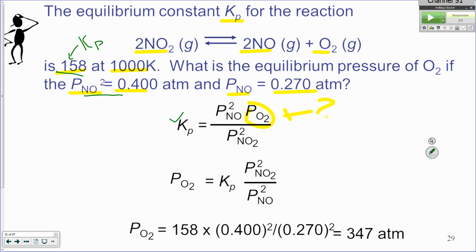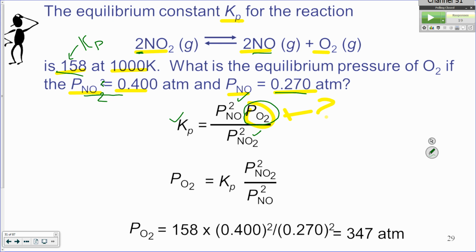So that 2 should be down here. I messed some of those up. It's that pressure squared on the bottom, so I know that term. Why is it squared? Because of the 2 here. And then on the product side, the pressure of the NO squared, I know it's given. So I know this term. So this is the only thing that I don't know.